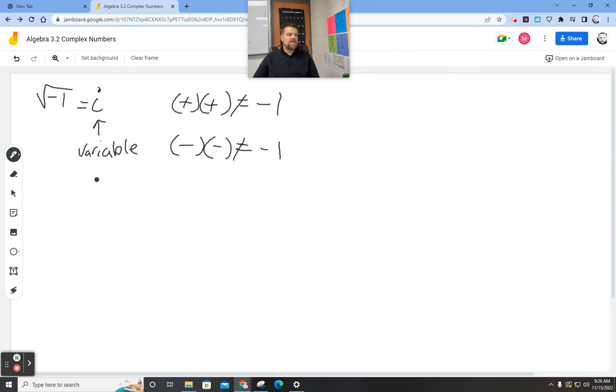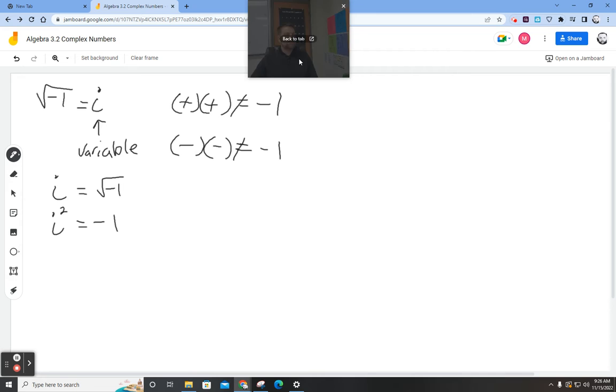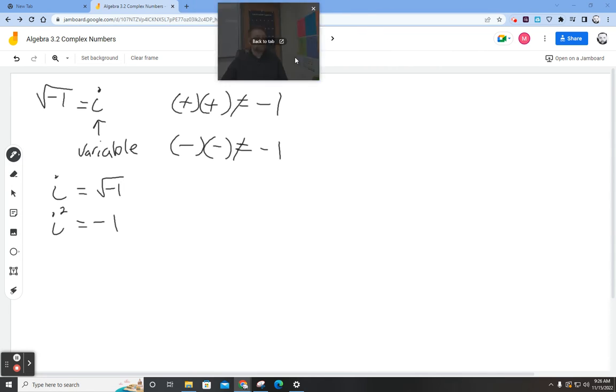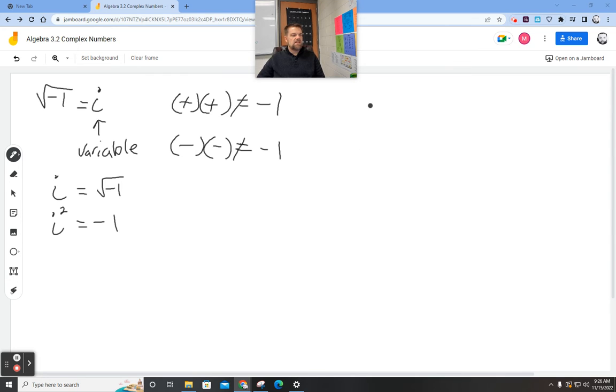The other thing I want to point out is that i is equal to the square root of -1. If I square both sides, i squared is actually equal to -1. And then the pattern repeats. But this is good enough. So I just wanted to preface that, and I want to show you what I mean by you treat it like x.